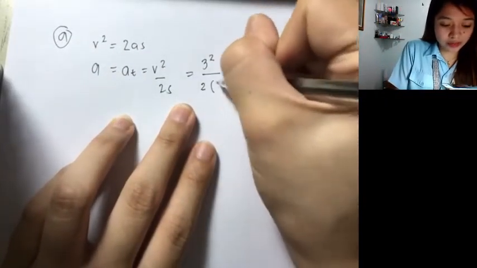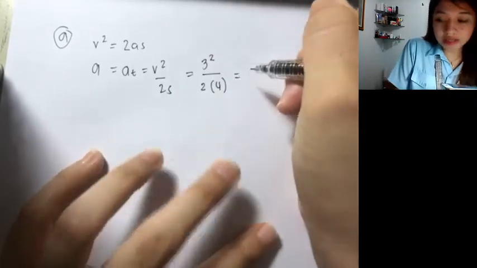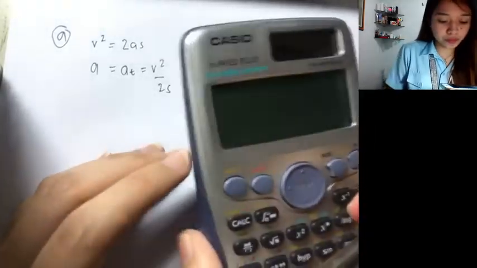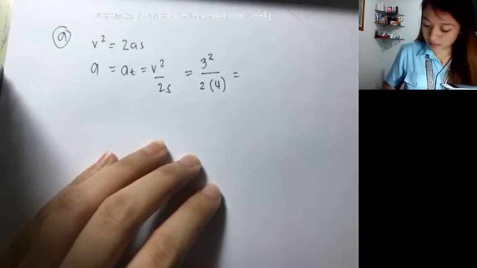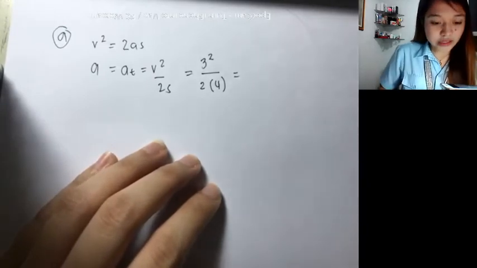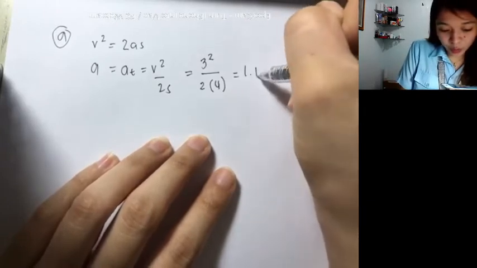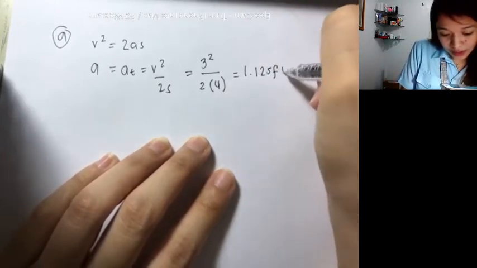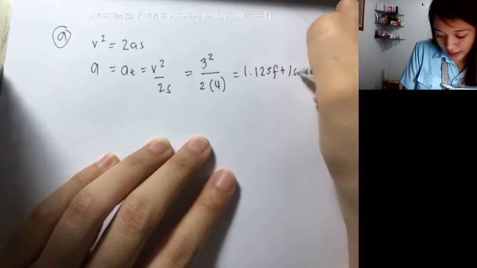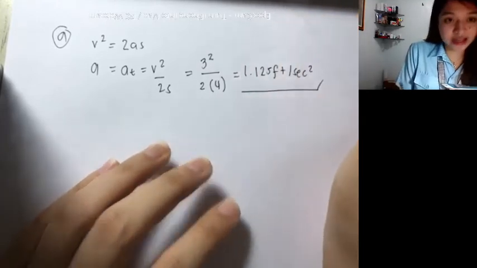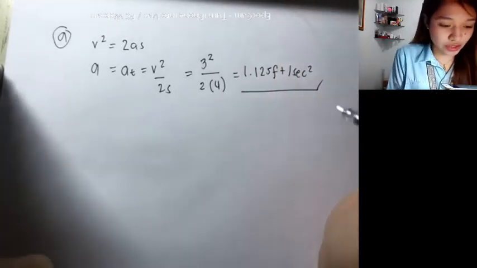So 2 times 4. Calculating this, we got 1.125 feet per second squared. This is our tangential acceleration.